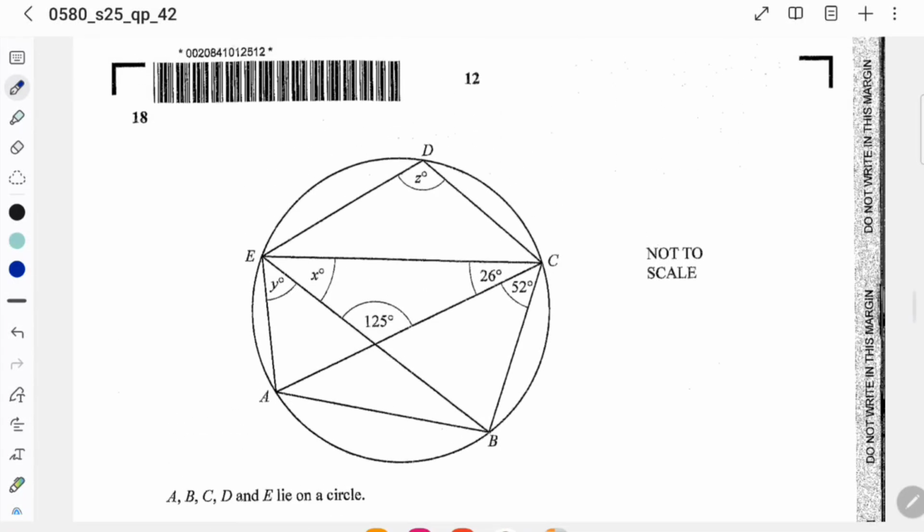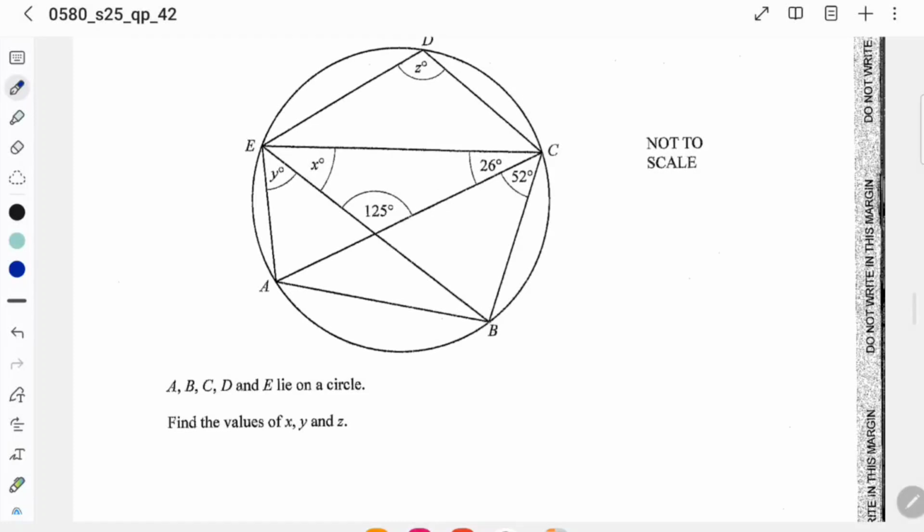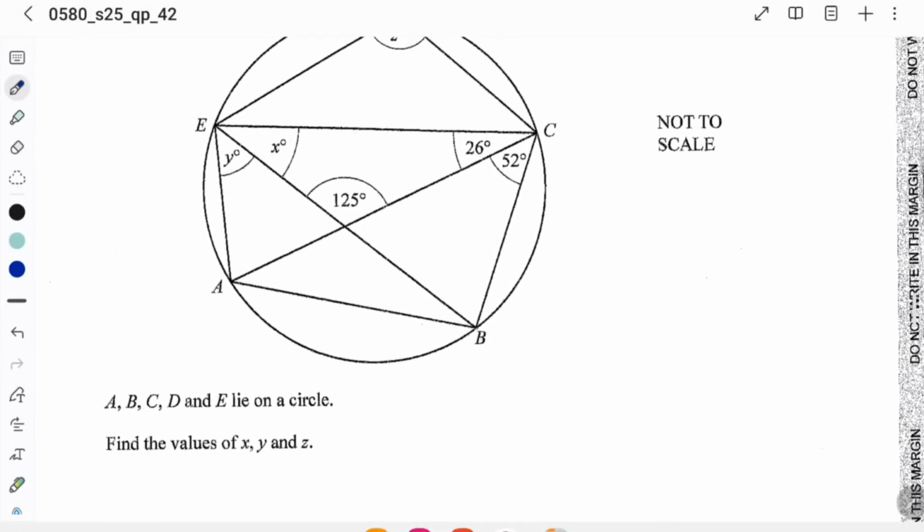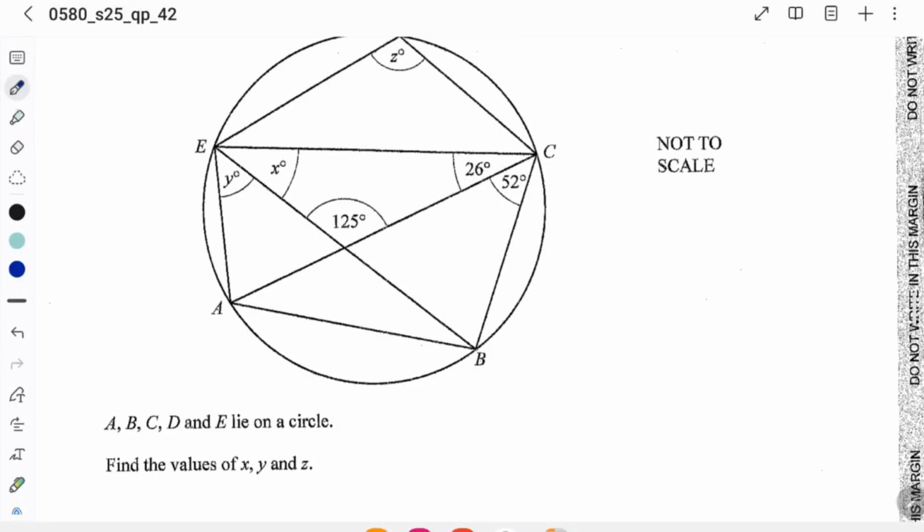Now look in front, it is the 18th question in the paper. Angle properties of circles: A, B, C, D and E lie on a circle XYZ. We can see in the question, I always tell you to check what is happening, how many properties, what can be possible. So here, angles in the same segment from this side: if it is 26, it's also 26.